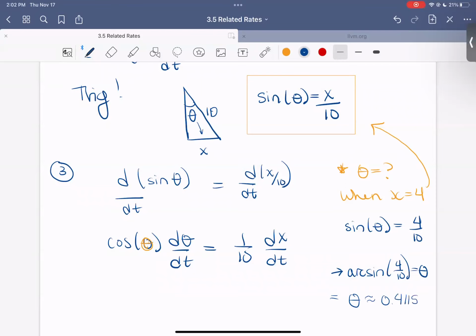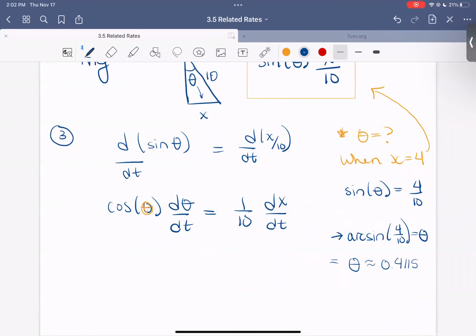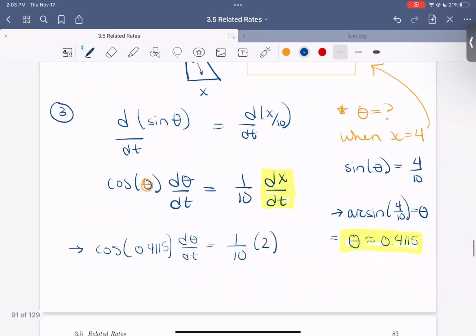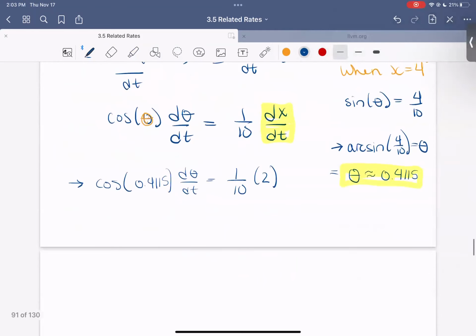Okay, so we're almost there now. We're on the last step: we just plug in everything we know into the equation. So we know theta, we know x, but we don't even need to put an x there, and we have dx/dt. So now we have cosine of 0.4115 d theta/dt is equal to 1 over 10 times 2, because dx/dt is equal to 2. Giving ourselves more room here.